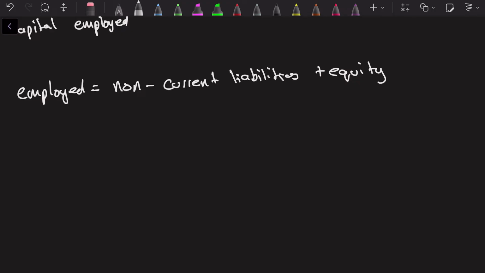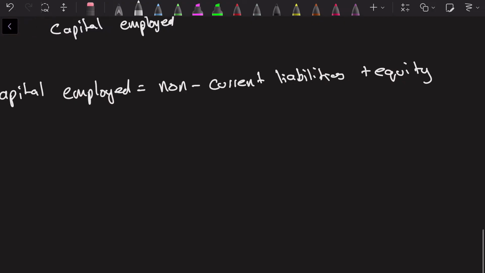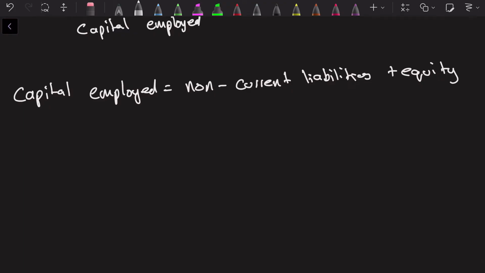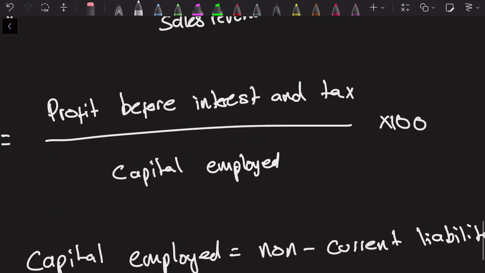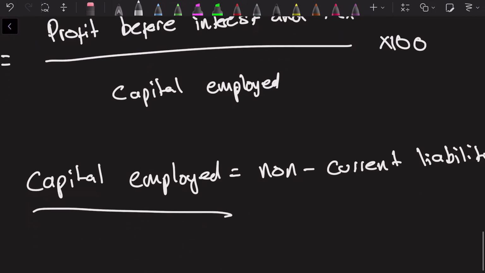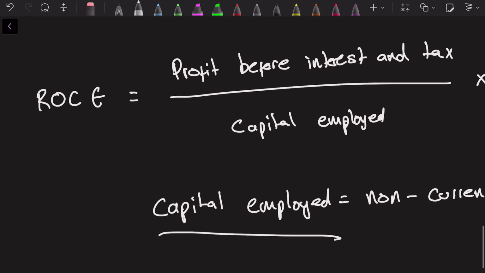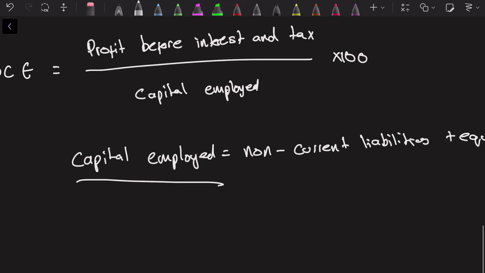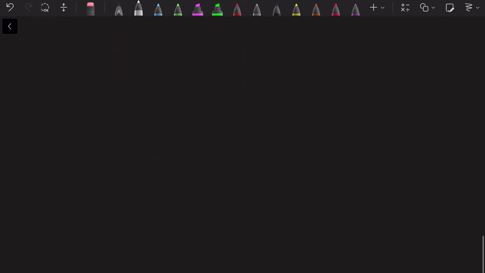So that's like the physical cash the business is holding on to and it's got. Non-current liabilities are things like long-term loans. So this is what the business can actually use. They can use money from long-term loans, and they can use money they have to start to generate profit. So capital employed is what a business uses to generate profit, and return on capital employed is how much that profit actually is as a percentage of the money they used to generate it, right?